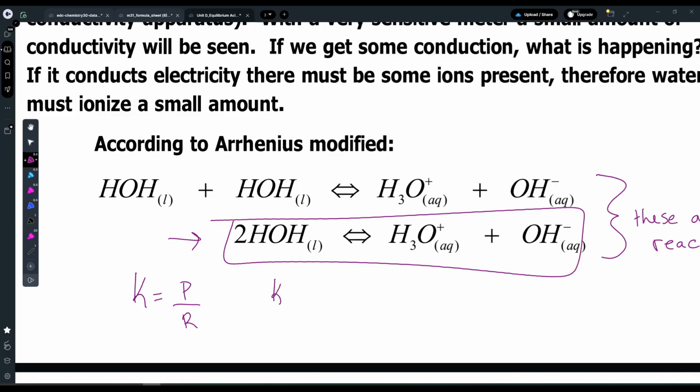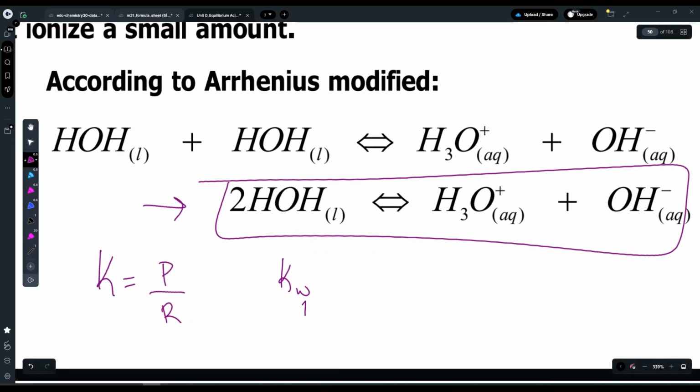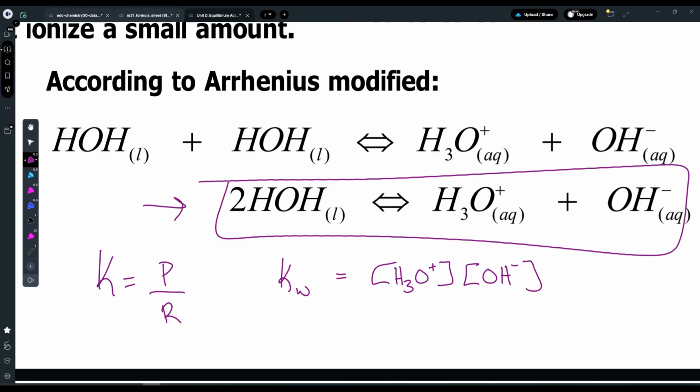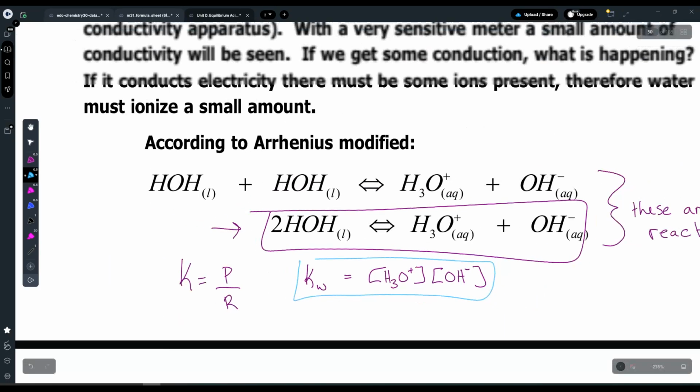We write the equilibrium constant for water, which gets a special W, and our products are hydronium and hydroxide. Since we only have one liquid as the reactant, we do not include that in our equilibrium law expression. So this is the equilibrium law expression for the autoionization of water.